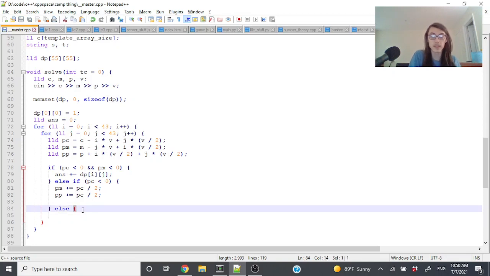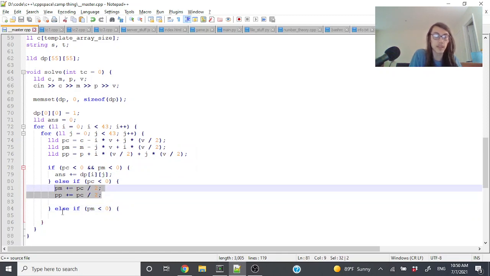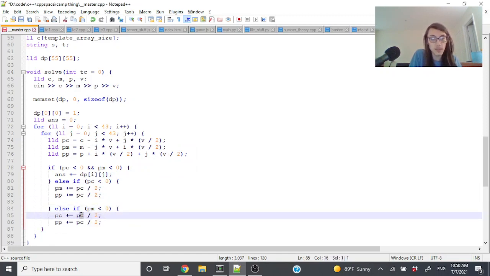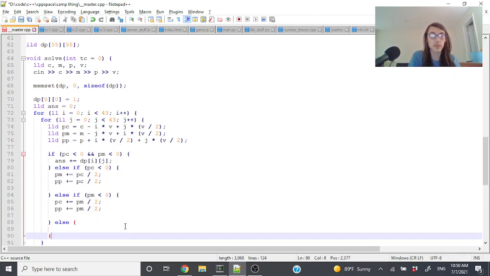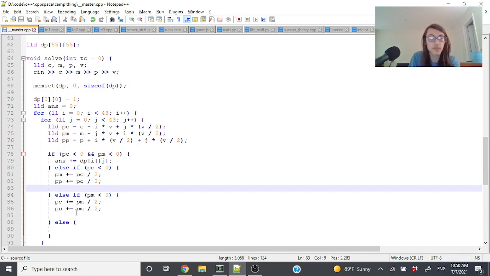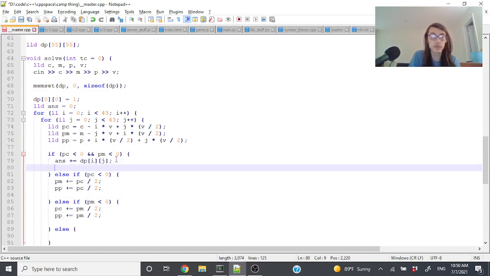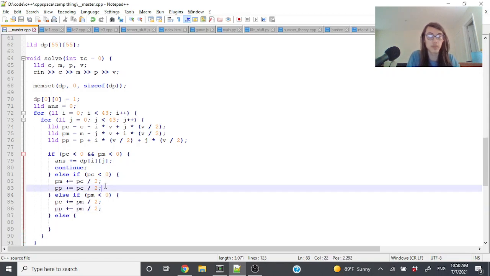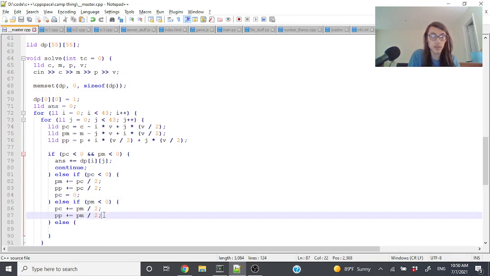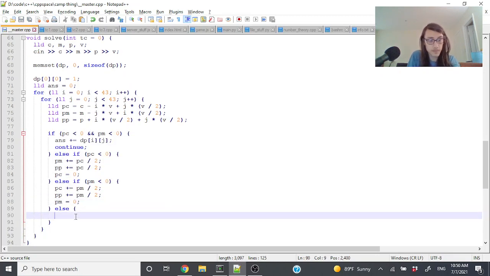Otherwise, if PM is less than 0, then same thing, we need to undistribute the extra stuff from PM. So we do this, and then some extra stuff here, and then otherwise neither of them are less than 0. Continue. So then PC is equal to 0, and then PM is equal to 0.